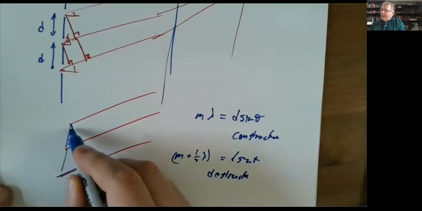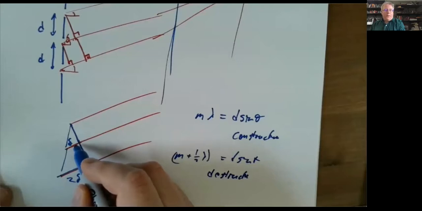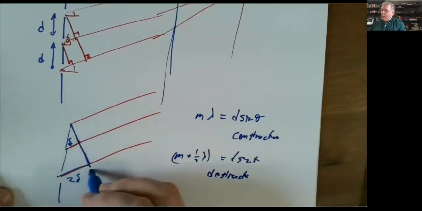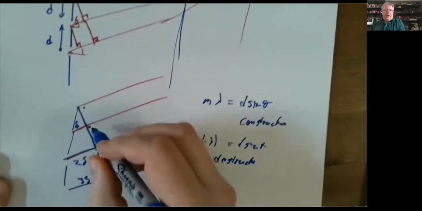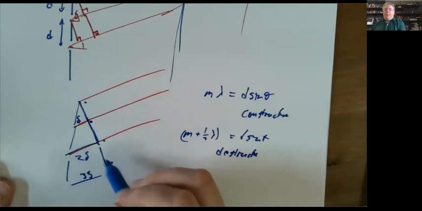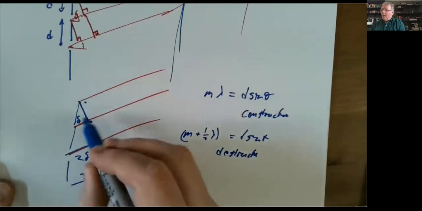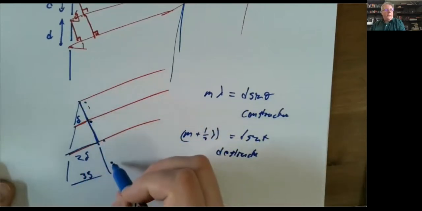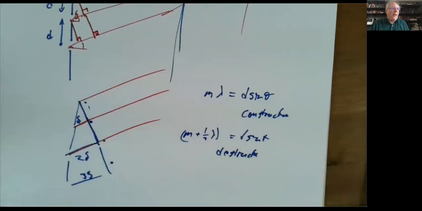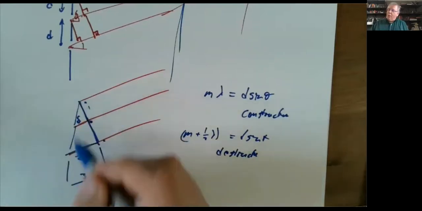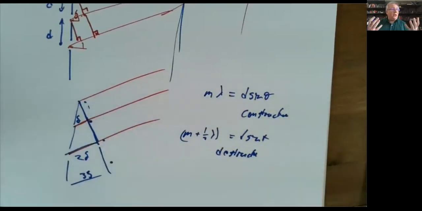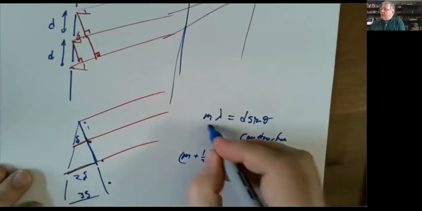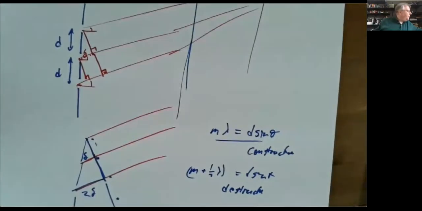Because this one and this one will be 180 degrees out of phase, and let's say I have 4 slits, so this one and this one will be 180 degrees out of phase, and this one and this one will be out of phase. And so these two will cancel each other, and these two will cancel each other. Actually, if I have 3 of them, then one of them won't cancel, and then I'd still see some light. But if I have a whole bunch, like an even number of slits, then these two will cancel, and these two will cancel, and so again, I'll see a dark spot. So these rules still hold. Let me show you a picture of that.